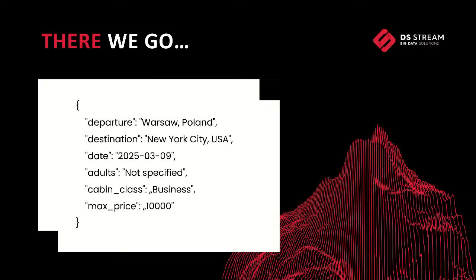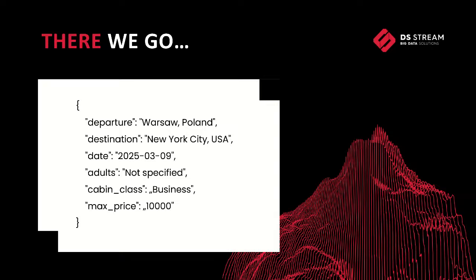We know that the departure is from Warsaw. We know that we are flying to New York City. The date is 9th of March, even though the meeting takes place on 11th, so we have a buffer to arrive there and sleep off the jet lag.